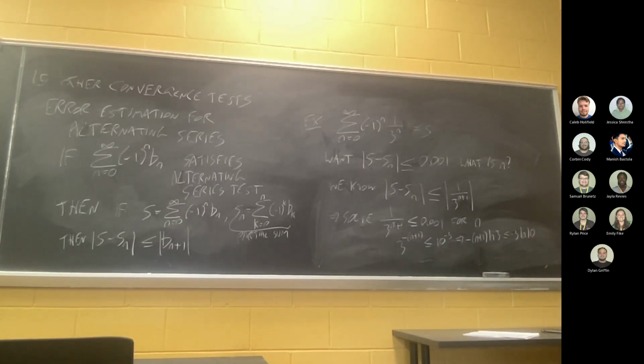So then I can use this inequality and I'll carry out the rest of the algebra to isolate n. For one thing, I have minus on both sides, so the inequality will flip.